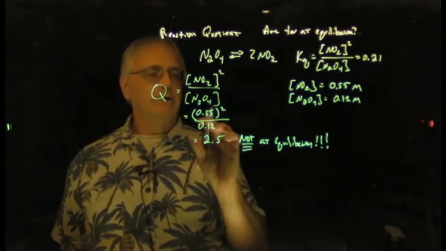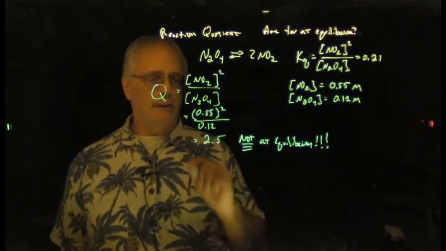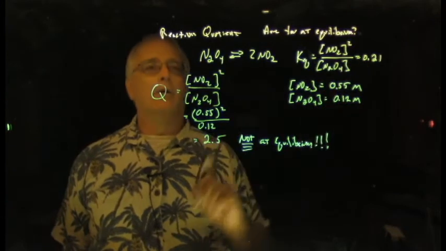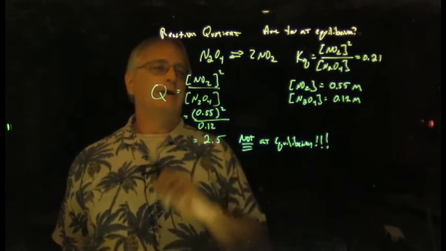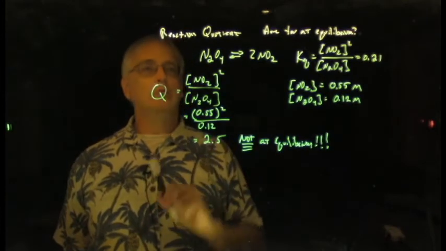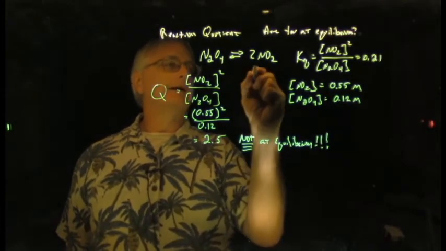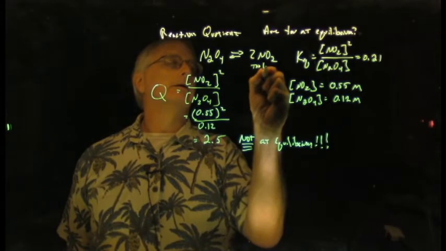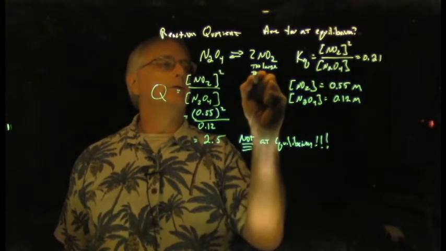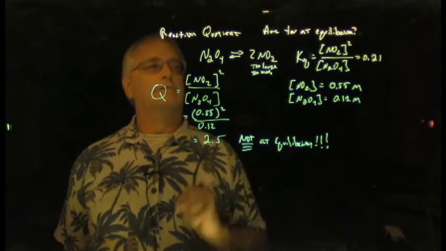A value smaller than that, when plugged in, will bring the 2.5 down to 0.21. The 0.55 is too large. The concentration of NO2 is too large. There is too much of this one.